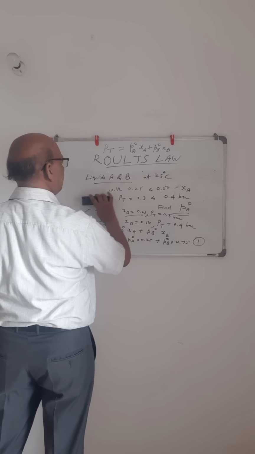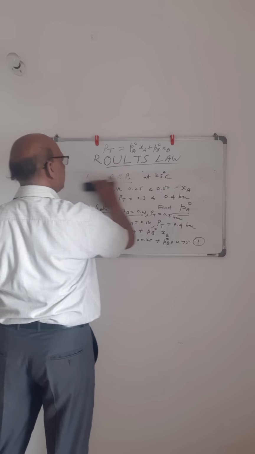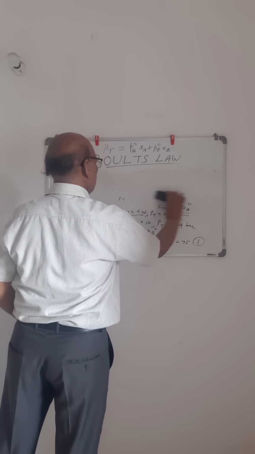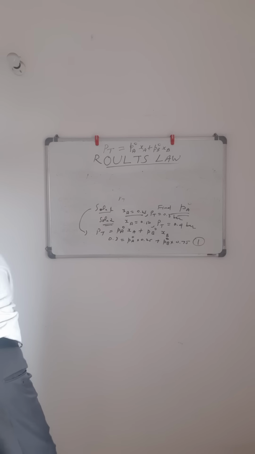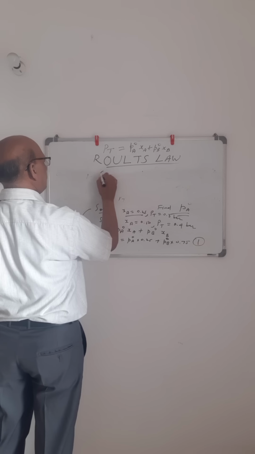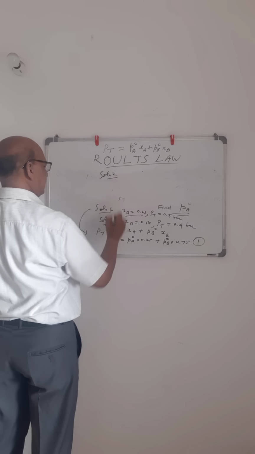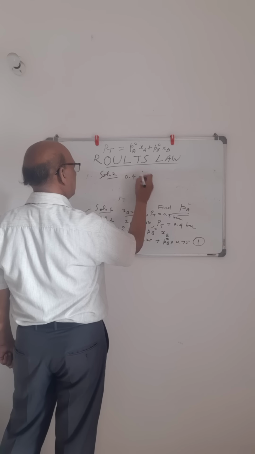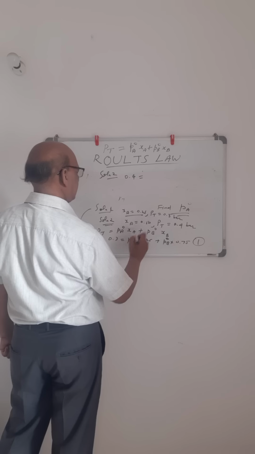So we have made it with solution 1 and now we will make it for solution number 2. So for solution 2, what will be the equation? P total is given as 0.4 equal to PA naught XA.